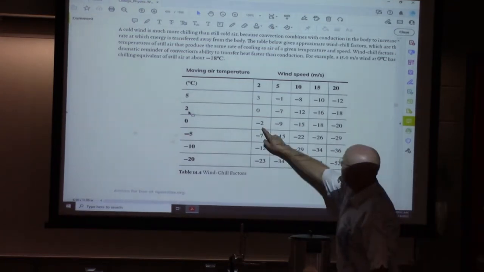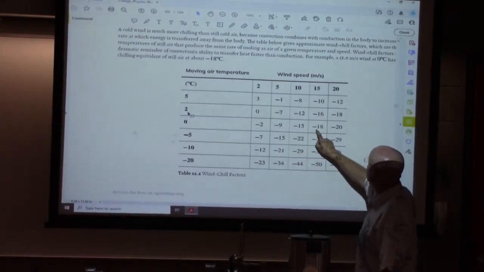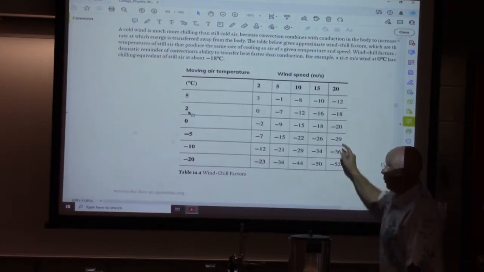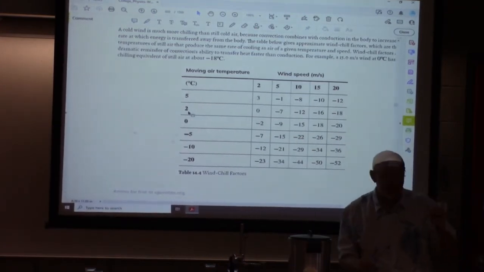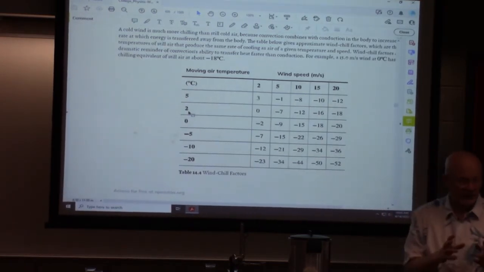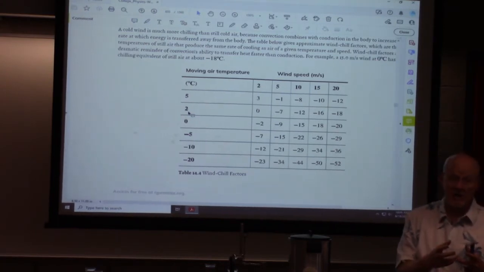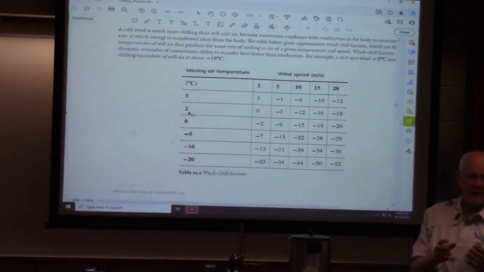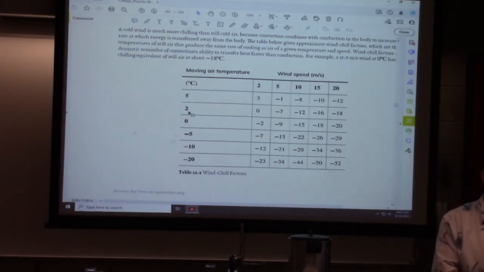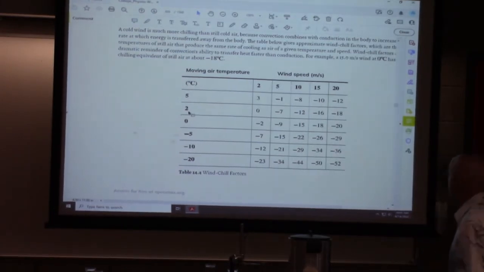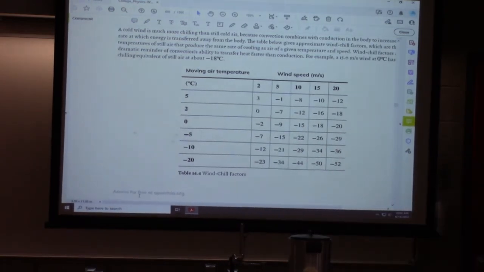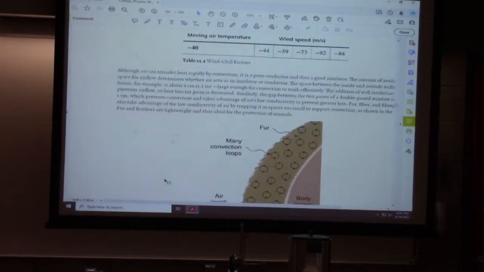But as you can see, as the wind picks up, and especially a strong wind at 20 meters per second would now feel like it's -20 degrees Celsius. And remember, Celsius and Fahrenheit about a 2 to 1. So it's like -3 or 4 or 5 on the Fahrenheit scale. It's cold. It is cold. Anyways, but that's kind of the chart I thought that you guys might appreciate a little more.